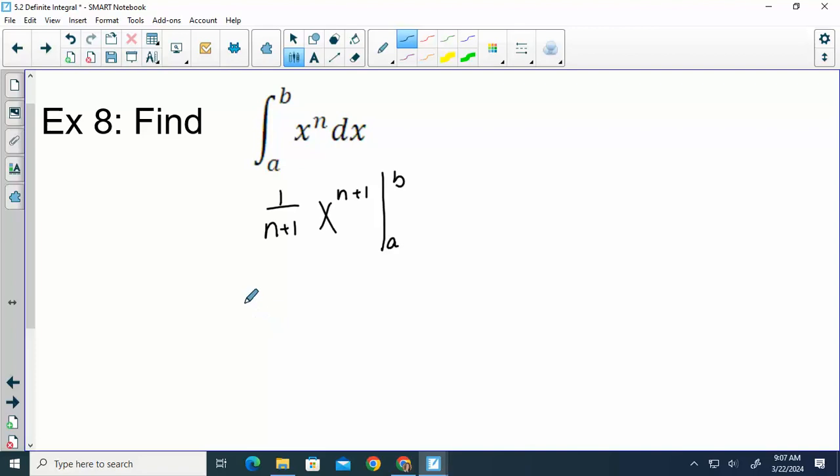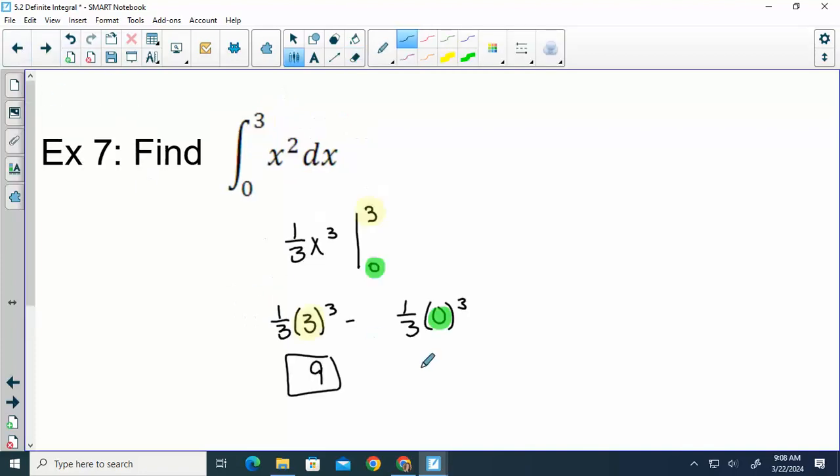Now you can write the 1 over n plus 1 with both terms if you want. You can also pull coefficients out in front. Like this one we saw, they both had a 1/3. Would it have been the same thing if I wrote the 1/3 out in front and did 3 cubed minus 0 cubed? Yeah.